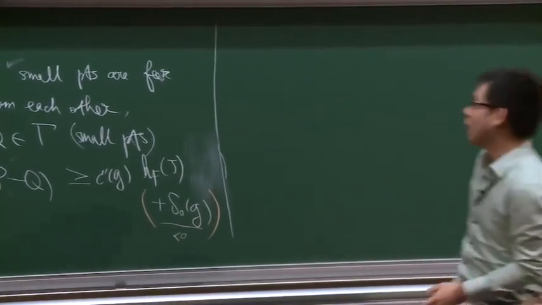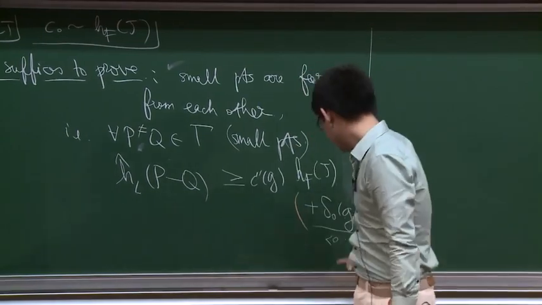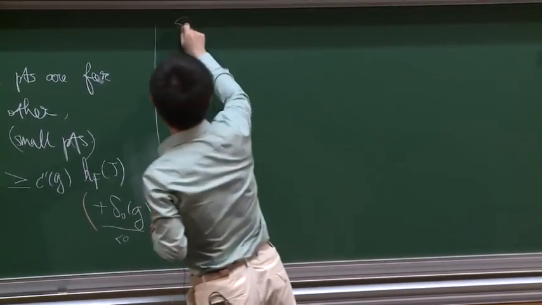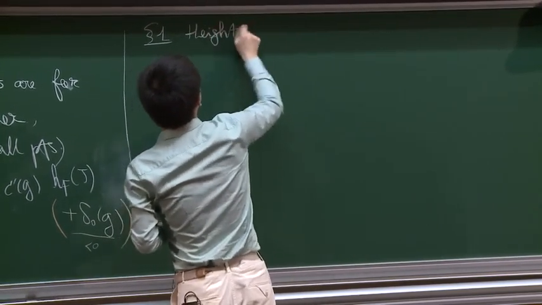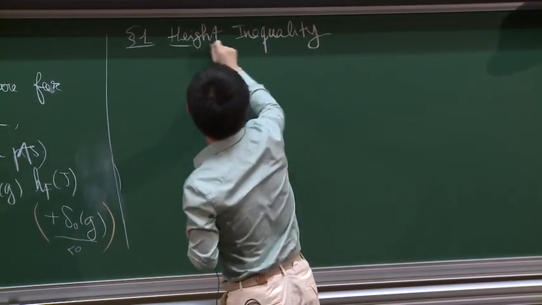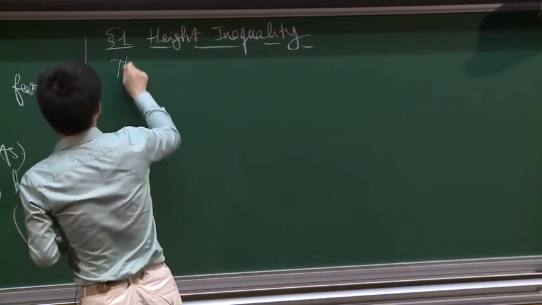But actually, what we prove is not just for gamma, but really for J(Q bar) with this term. So that we're done. Let me write down exactly what we do. We prove the following height inequality for one-parameter families. This is a theorem.